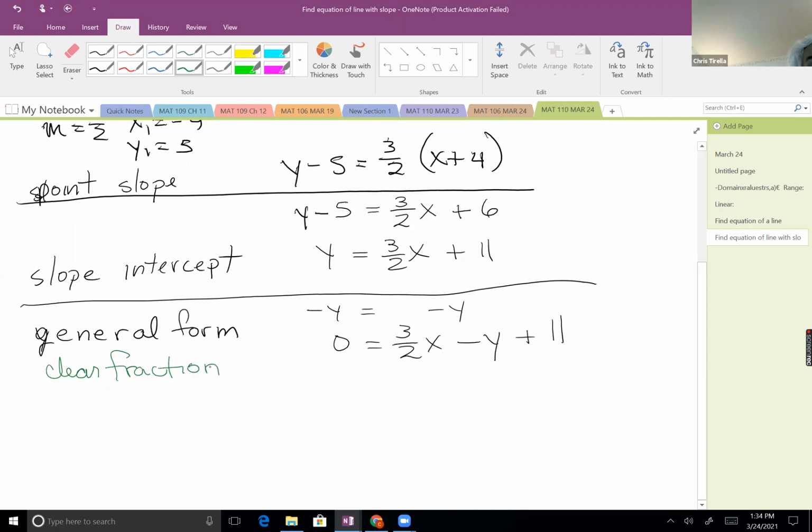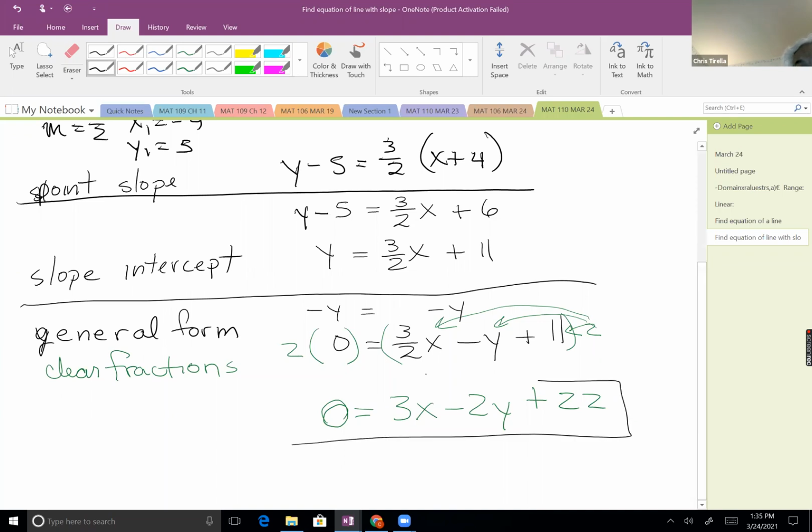And we've done enough with rational equations and rational functions to know the way to get rid of the fractions is to find that denominator and multiply both sides by it. 2 times 0 will still be 0. And over on this other side, when I distribute that 2, I get 3x minus 2y plus 22. And it's equivalent. I do believe that in my labs, they'll accept either of those two answers, but the second one just looks a little bit nicer.